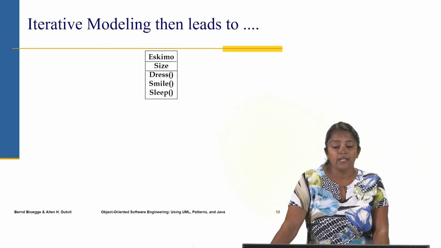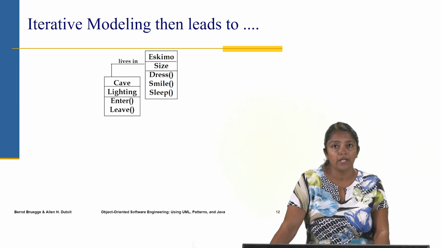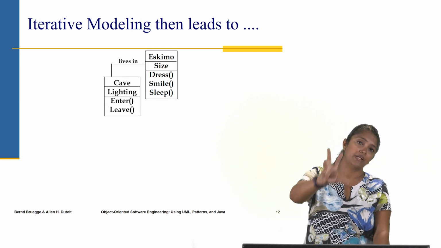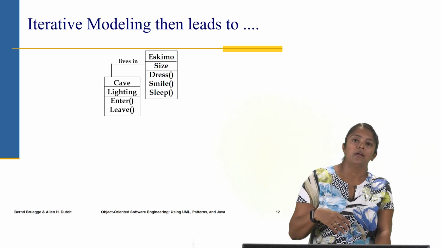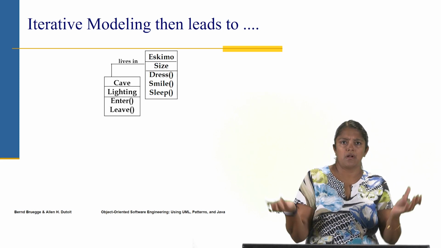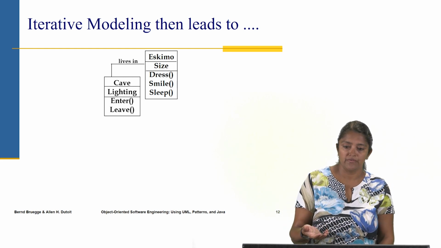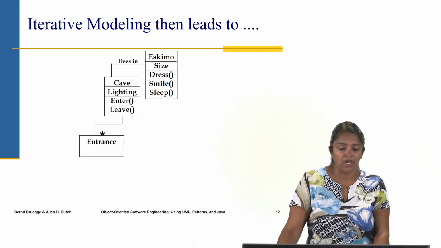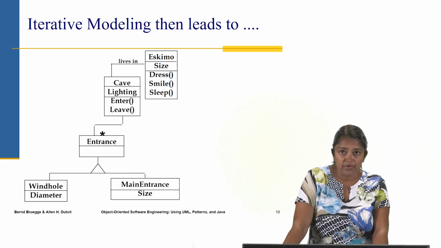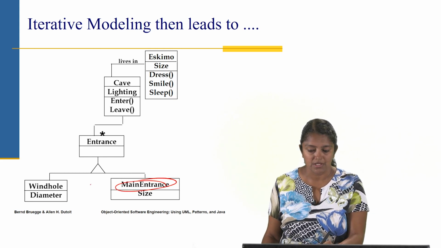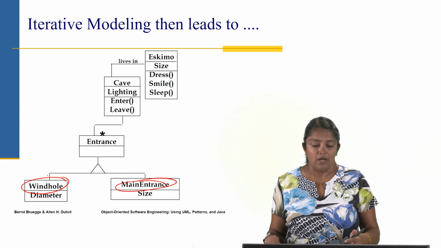And then further iterative modeling. So basically we start out with that high level class, which is Eskimo, and then what is the Eskimo wearing, and then what are the surroundings of the Eskimo? The Eskimo lives in a cave. The cave has multiple entrances. There are different types of entrance. There is a main entrance and there is a wind hole entrance.